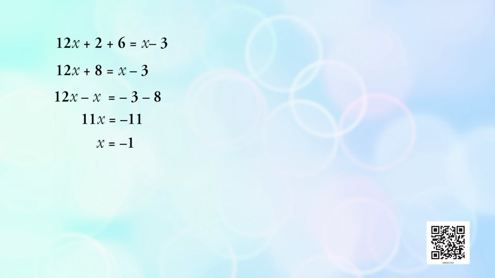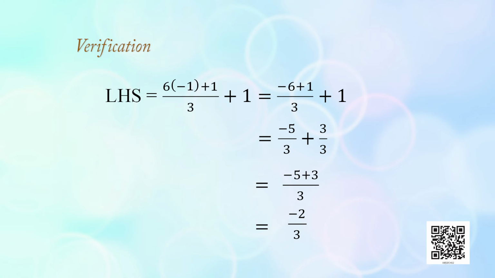Let us check our answer by putting x is equal to minus 1, first on the left hand side. Left hand side becomes (6 times minus 1 plus 1) divided by 3 plus 1, that is minus 5 by 3 plus 3 by 3, that is minus 2 by 3.